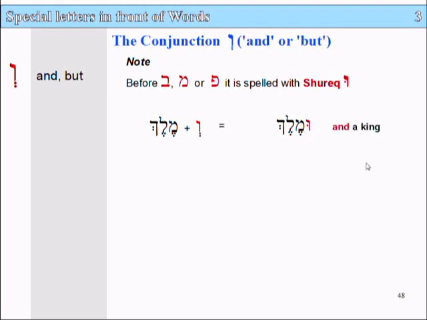Let's have a look at another example. So Malik changes to u-Malik, and a king. King goes to and a king.